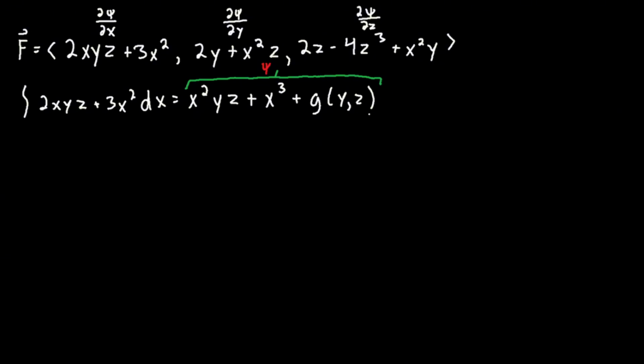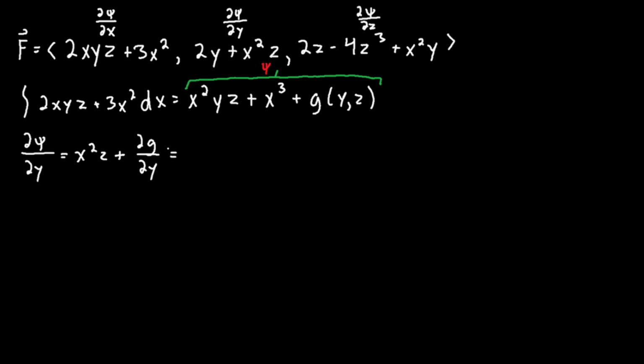Well, if this is our psi function and the y partial of psi is equal to the second component, we can find the y partial of our psi function here. If we find the y partial of this current potential function, you'll get x squared z plus, and since you're finding the y partial, x cubed is treated as a constant, so this just cancels out, plus the y partial of g.